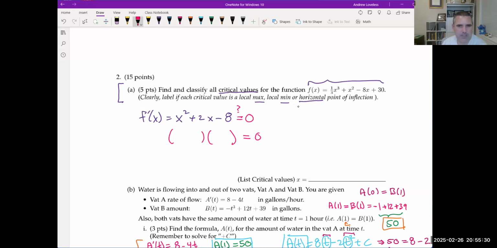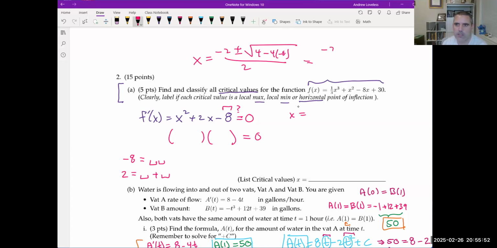So this one I think does factor, 2 numbers that multiply together to give me, I'm guessing it does because it's on my test, and 2 numbers that add together to give me 2. But the quadratic formula would be fine too. Negative b plus or minus square root b squared minus 4ac all over 2a. So it's going to be negative 2 plus or minus square root of 36.